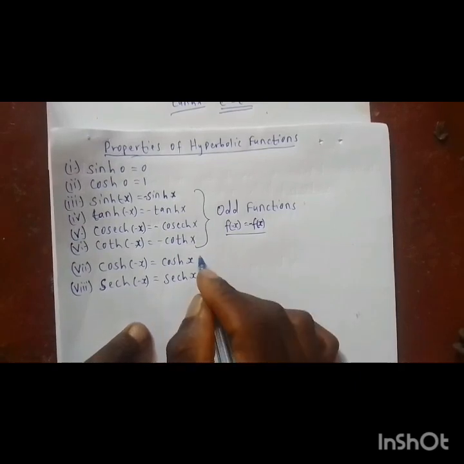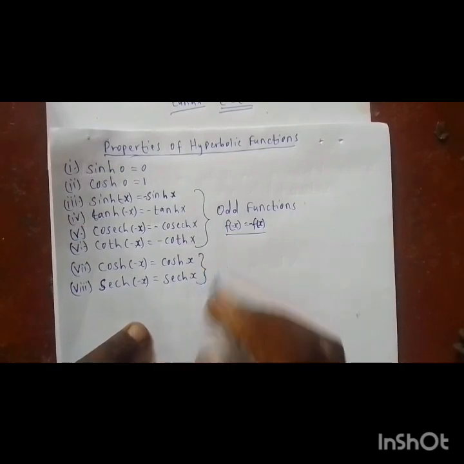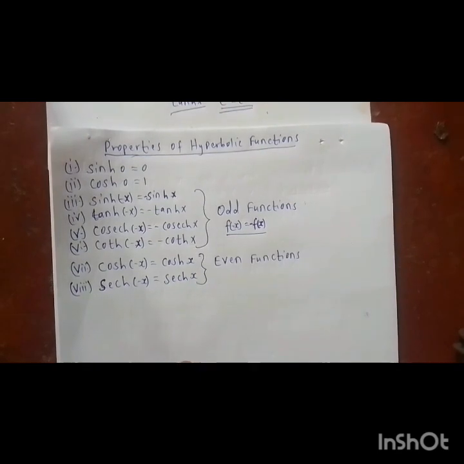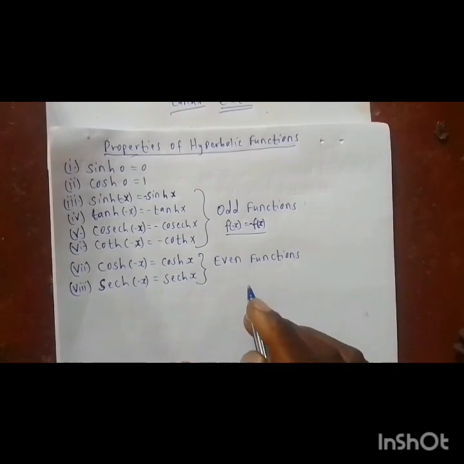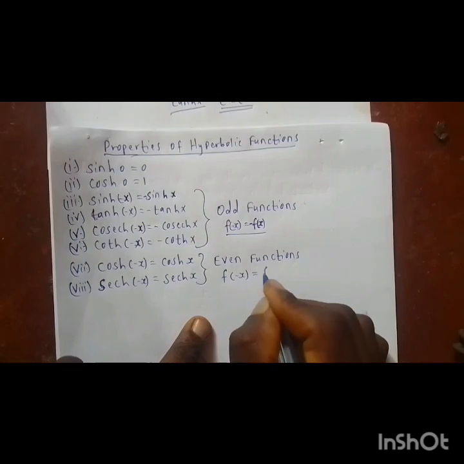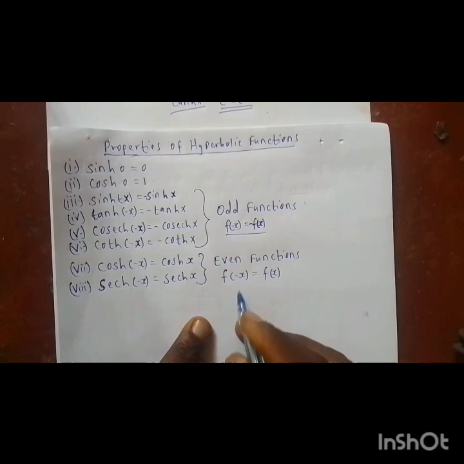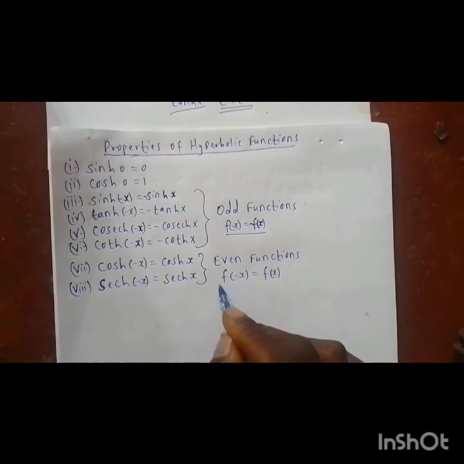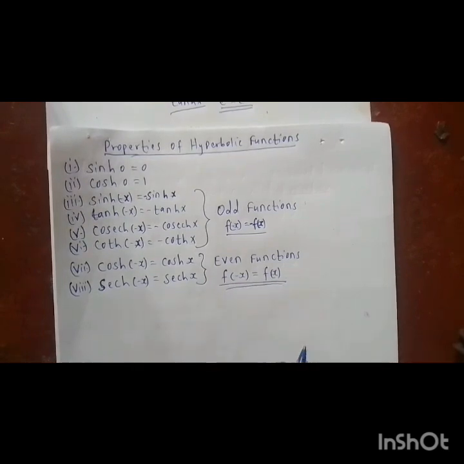So this group of functions, we classify them as even functions because they are defined such that if you input the negative variable, it is the same as for the positive variable. So those are the even functions.